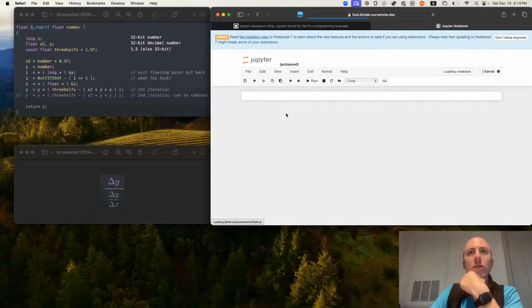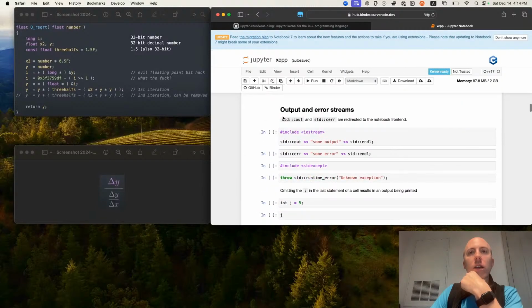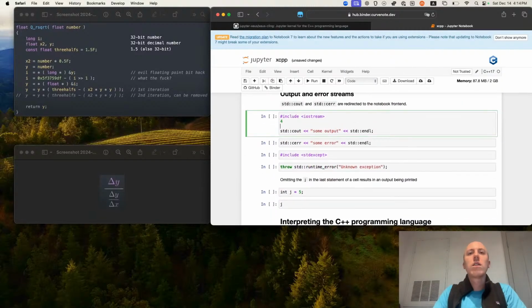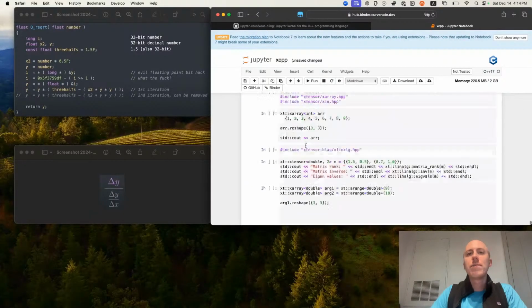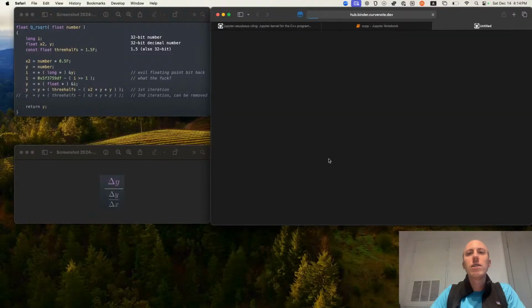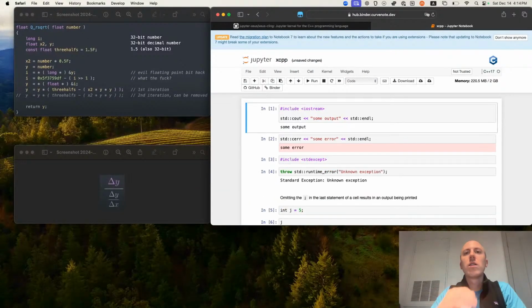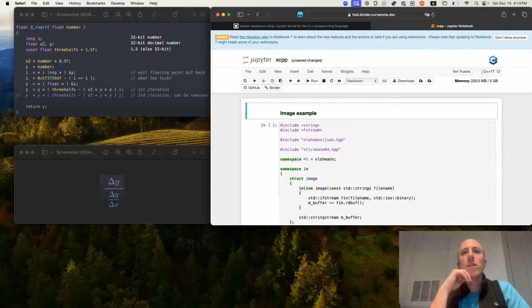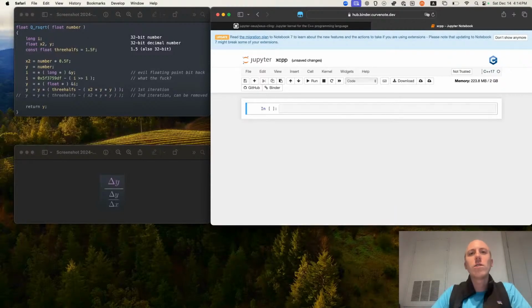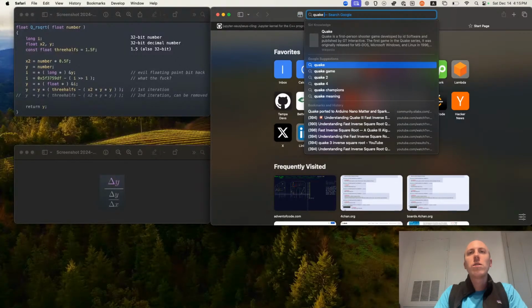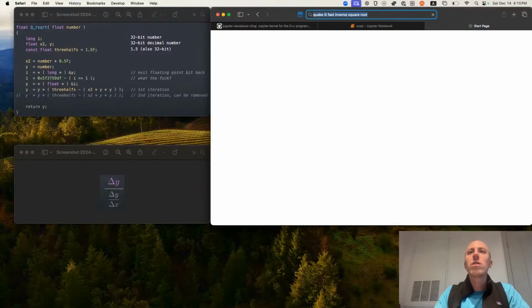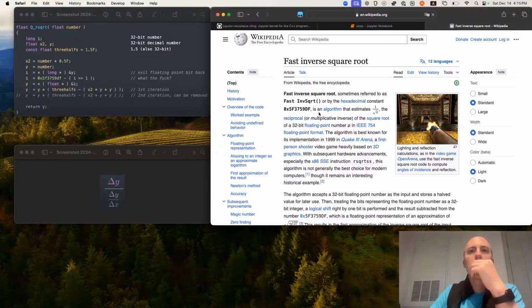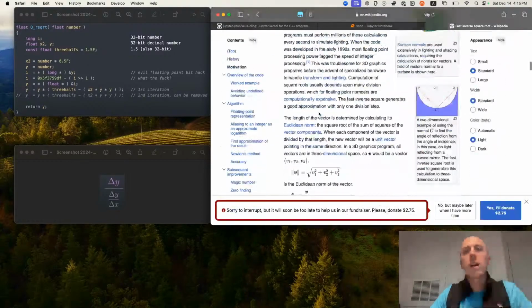Don't even need to build it. Wow, this is a Jupyter notebook. Yo, this is old school. Just copy and paste the code.